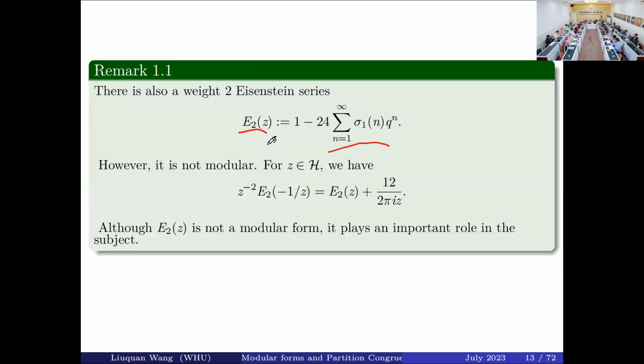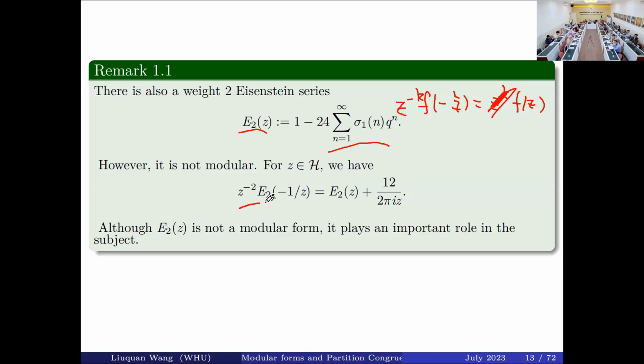E2(z) does not satisfy the second functional equation. For E2(-1/z), for a modular function, we must have this equal to z to the k times f(z). In other words, if you multiply by z to the negative k here, then this must equal f(z).